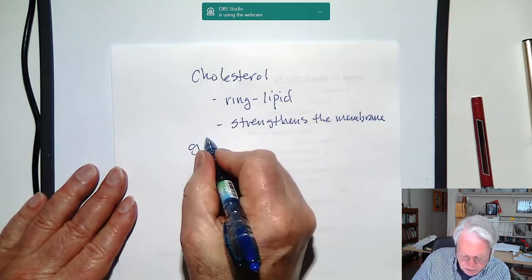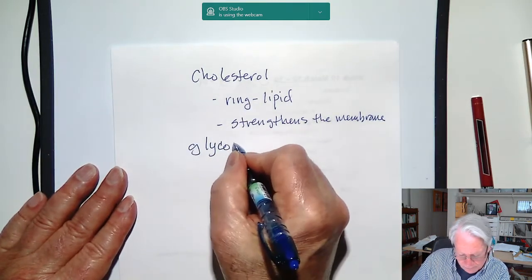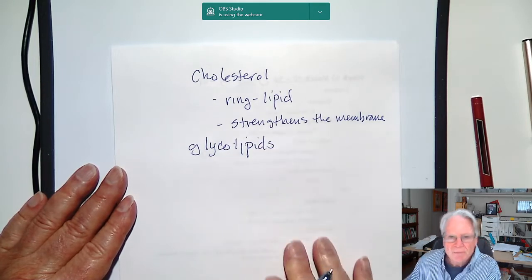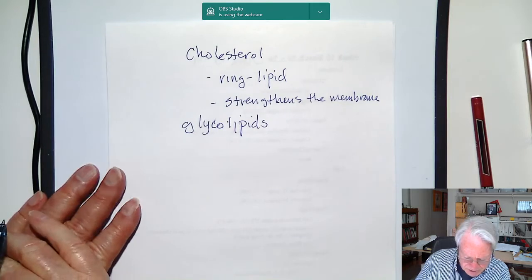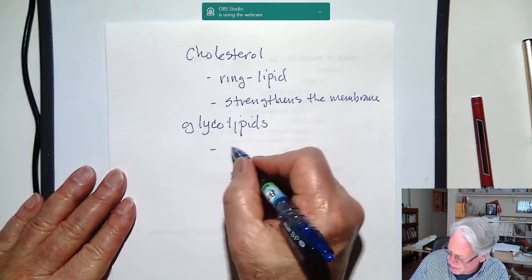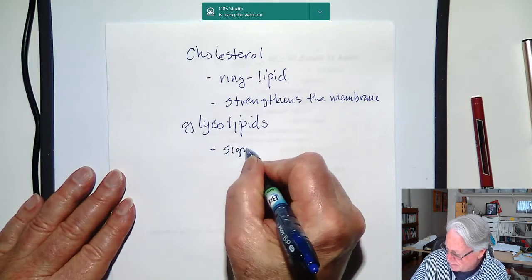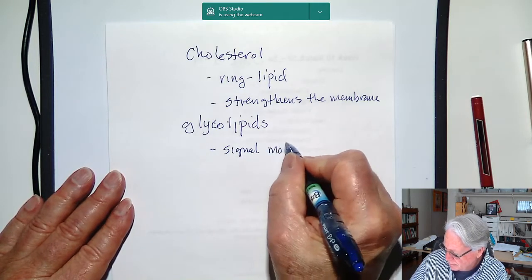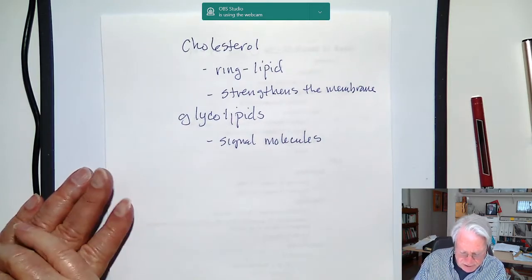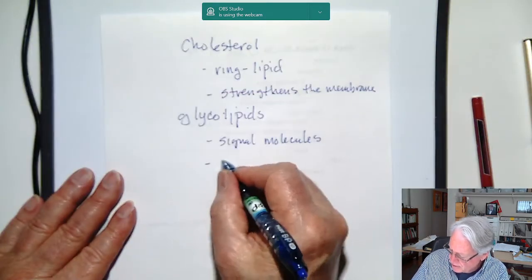The glycoproteins, glycolipids, I'm sorry. The glycolipids are signal molecules. And what they do is they're only found on the exterior.